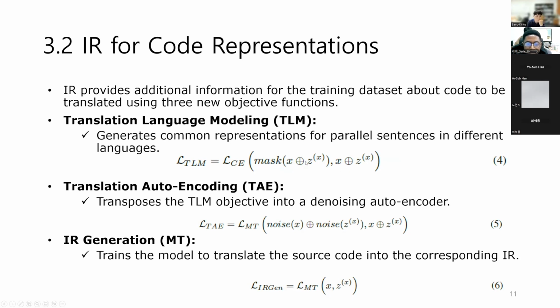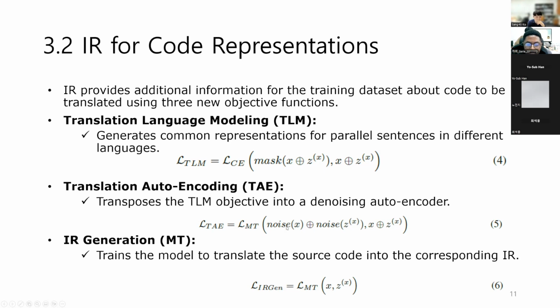This sign is concatenation. We will see concatenation in all these three objectives. It concatenates the original tokens with their IR representation. In translation auto encoding, TAE, it transposes the TLM objective using the denoising autoencoder.